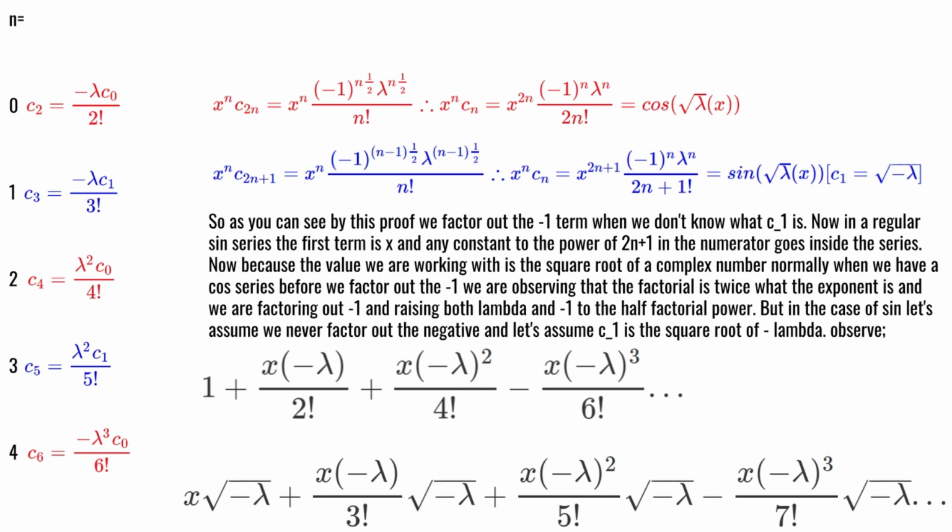I want to multiply by something that has i in it, because I've demonstrated down here at the bottom of the page, when you have x times the square root of negative lambda, then you're essentially getting negative lambda to the half power, right?